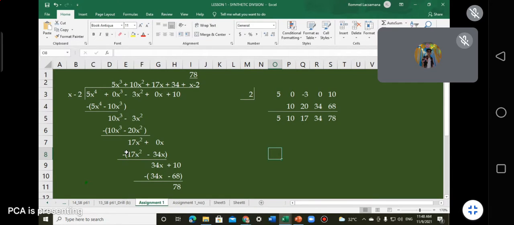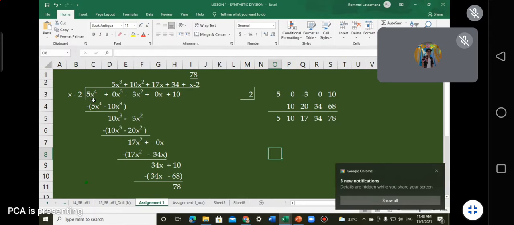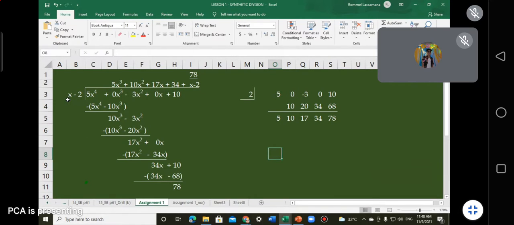Saan ang start dito? Division? Charles, sige. Pag magdi-divide ka ng synthetic, saan ka magsisimula? Simula ba ako x over x divided by 5x raised to the fourth, or it's the other way around? Charles?